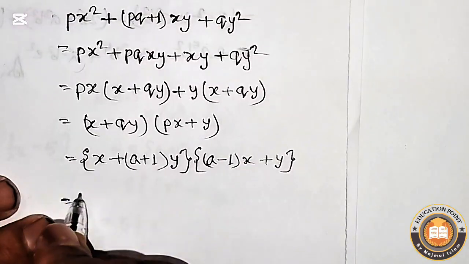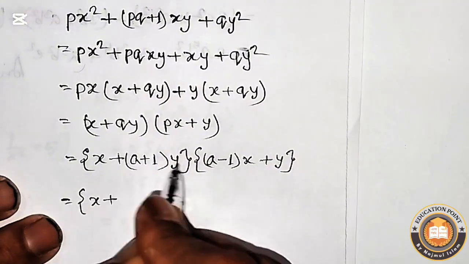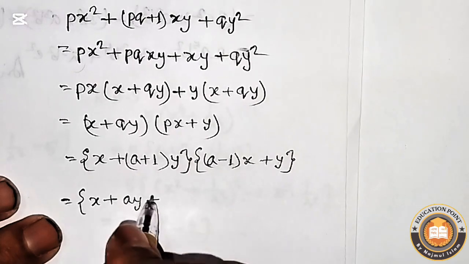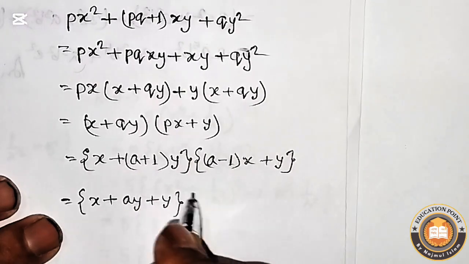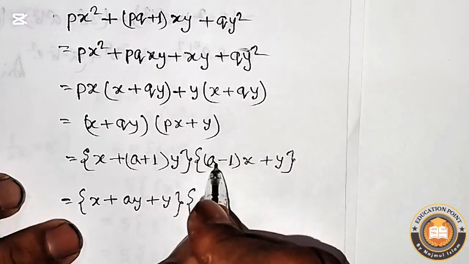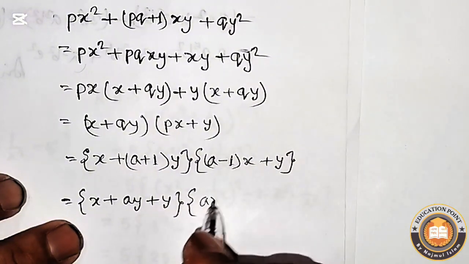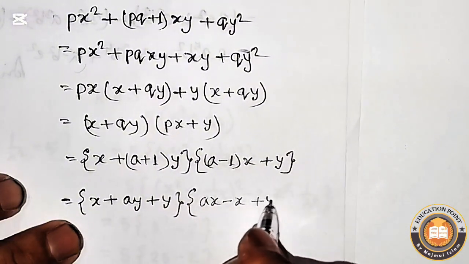So we can write x plus y multiplied with a plus y, that means ay plus y into x multiplied with a minus 1 equal ax minus x plus y.